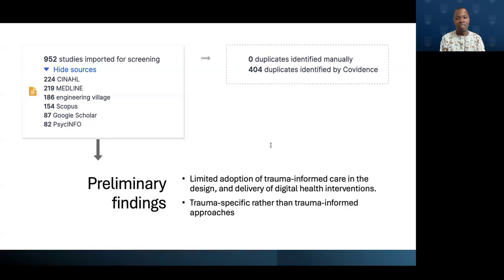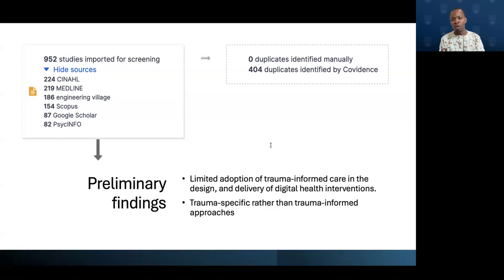And we see that trauma-informed practice is not widely adopted in the design and deployment of digital health interventions. What we also saw was that many of the recommendations or trauma-informed design principles that we see in the literature were mainly coming from software engineers and computer scientists who may not have a comprehensive understanding of trauma or trauma-informed care in the healthcare context.